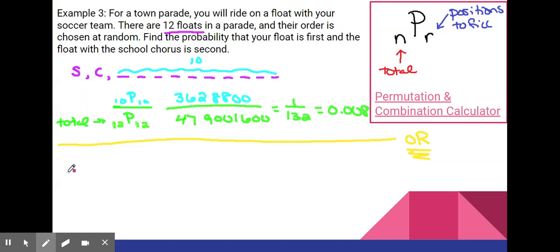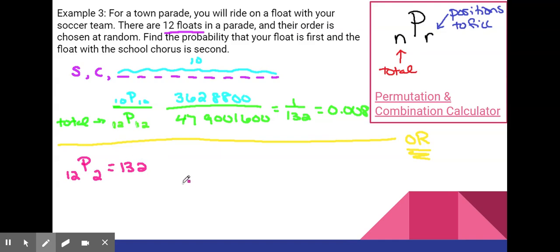So I'm going to choose 12. I have the 12 to choose from. That's my total. And I'm picking these two things to have happen. I'm picking soccer team first, chorus second, those two opportunities. And if you put that in your calculator, you actually get 132.